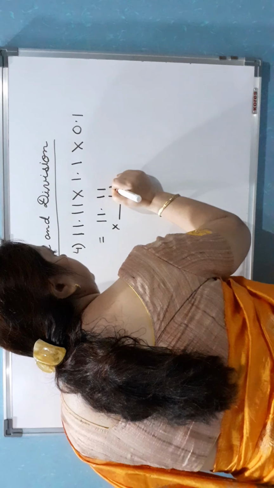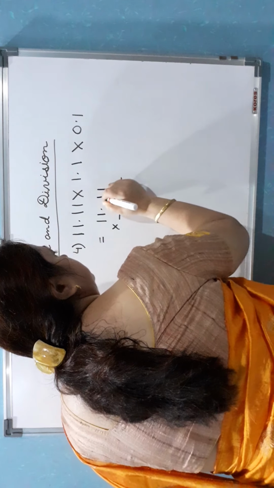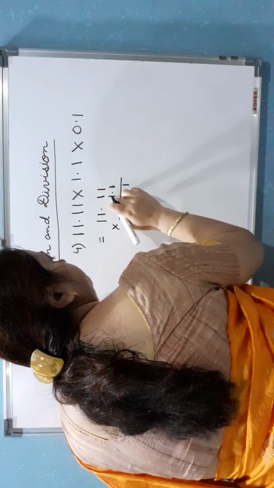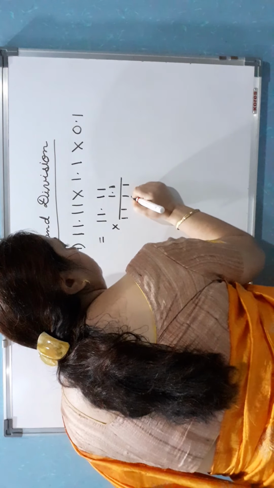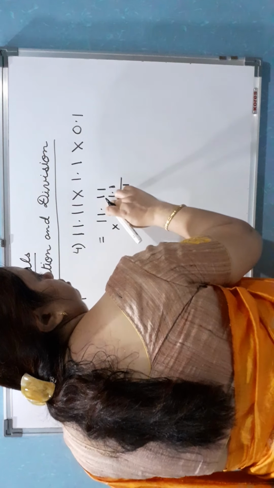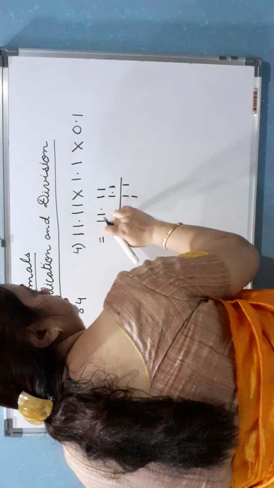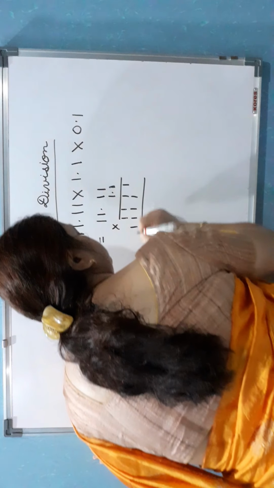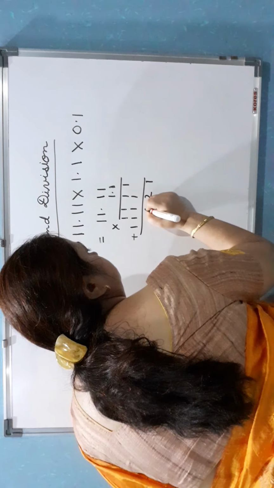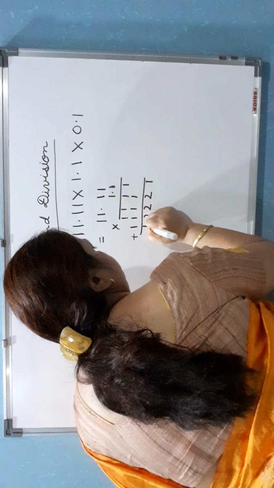So 1 into 1 is 1, 1 into 1 is 1, 1 1. Again multiply with this number, 1 1 1 1. Okay, 1 1 1 1 1. So now you add this. So 1 2 2 2 1.